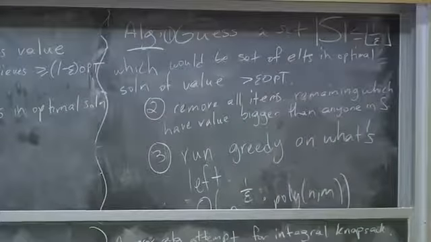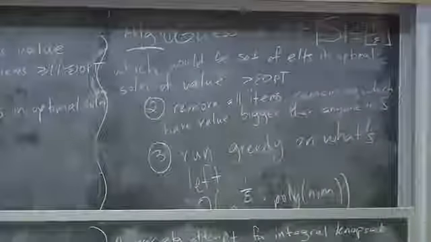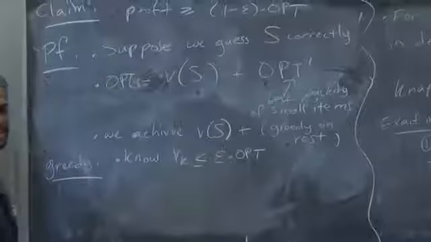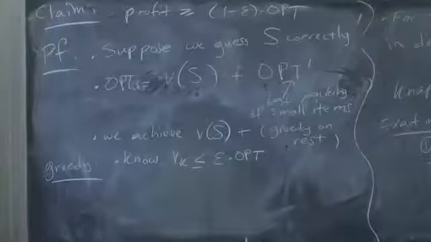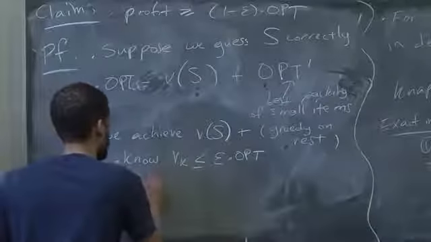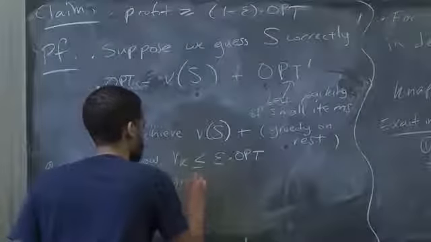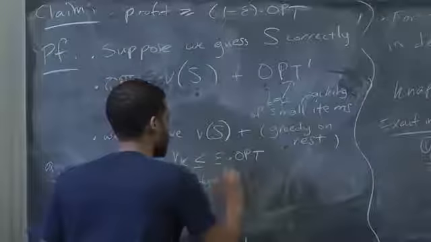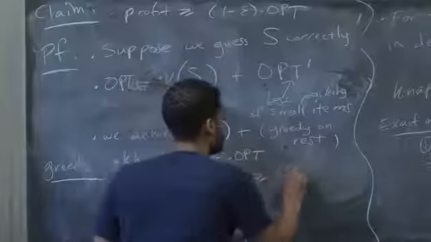So we know that vk is at most epsilon times opt, because S is the set of items with epsilon opt value for each item. And we also know that the greedy output plus vk is at least opt prime.